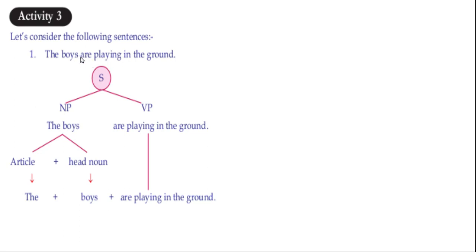How can we see that? Up to the verb that is the noun phrase, which begins with the verb that is the verb phrase. Clearly, yes. Now, in this unit, we are going to analyze the noun phrase only. The boys: the is the article, boys is the head noun. And we are not going to analyze the verb phrase.